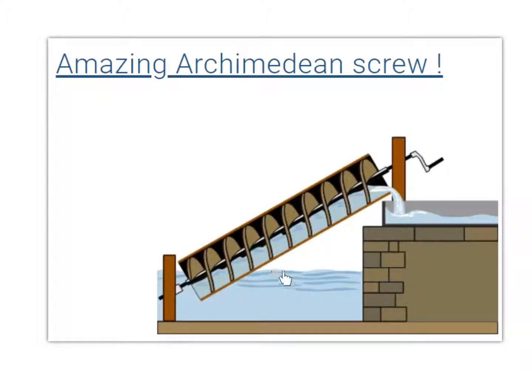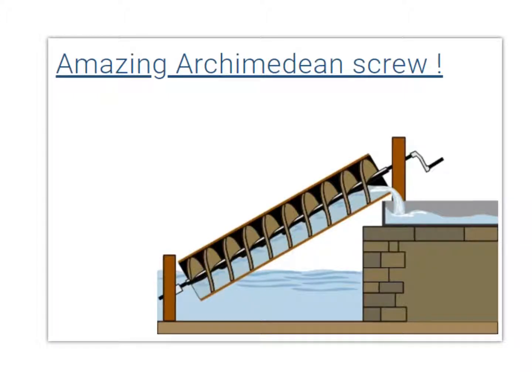You have some amount of water at a lower height and you want to move it to a place where height is more, or to a place of higher altitude. So what Archimedes proposed was to have a cylindrical structure inside which will house a helical or spiral kind of structure as shown over here.